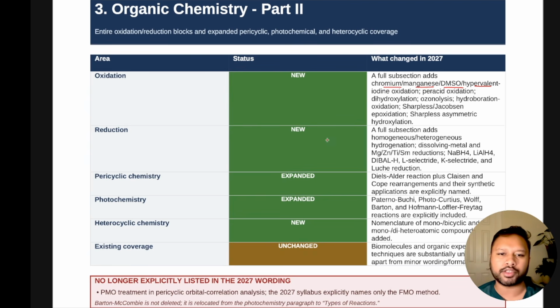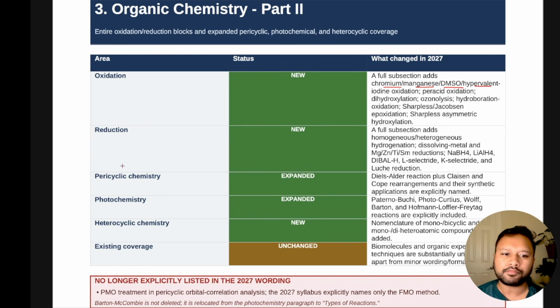Same goes for reduction reactions: a full subsection is added of homogeneous and heterogeneous hydrogenation, then dissolving metal and magnesium, zinc, titanium, samarium reductions, NaBH4, lithium aluminum hydride, DIBAL, then L-selectride, K-selectride, and Luche reduction. If you are an organic chemist, you might already be preparing these things, but for CSIR NET or anything, these are just now mentioned in the syllabus.